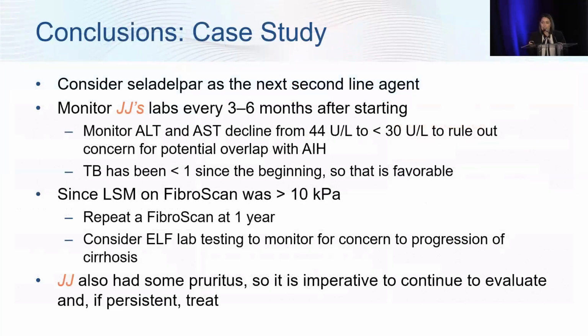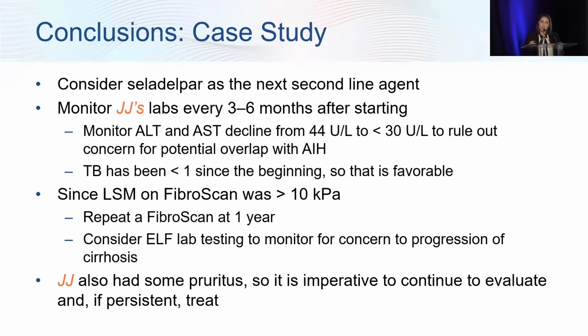So going back to JJ, thinking about second-line therapy 6 months after there was a non-response to urso, we could consider elafibranor or seladelpar as the next second-line agent. We would want to continue monitoring those labs every 3 to 6 months. Some other considerations are, because there was mild transaminase elevation at the beginning of the presentation, knowing if those have dropped, or again, we need to consider potential overlap with autoimmune hepatitis.